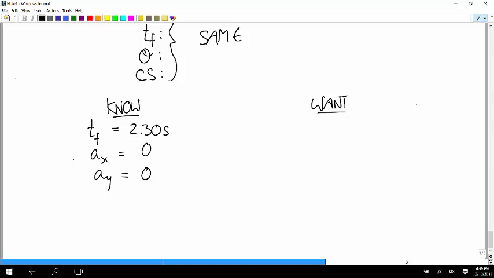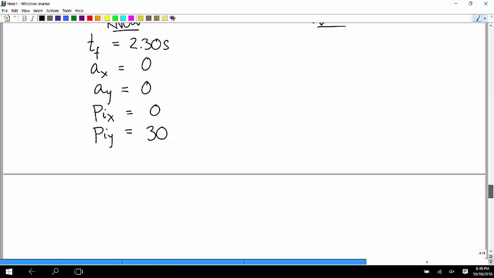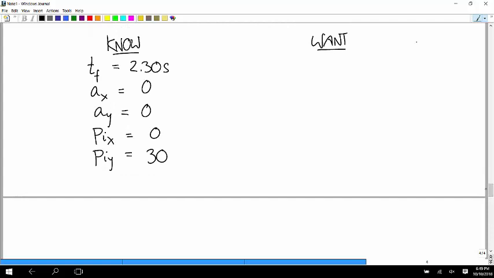Okay, the initial position of the helicopter is the same as the object, so 0, 30. The final position, yeah, we want to find the final y in this case. We want to find out how much lower it is.